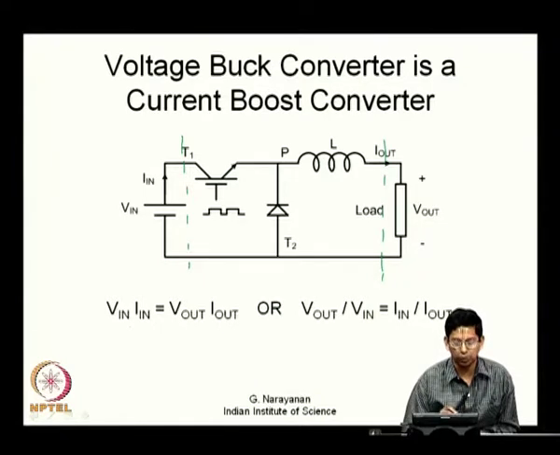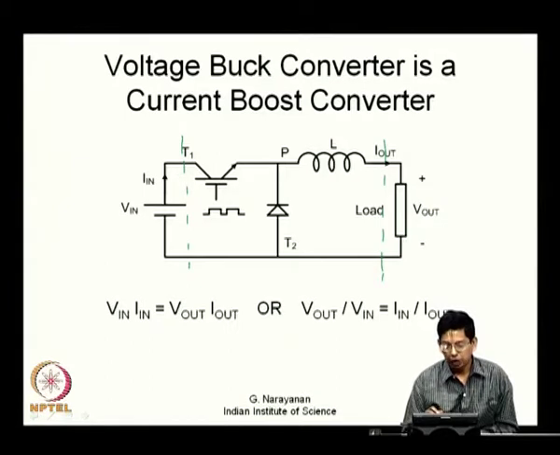The input power is equal to the output power. If you rewrite this, V out by V in is equal to I in by I out. So, if V out by V in is less than 1, then I in by I out should also be less than 1. So, if the voltage is bucked, then the current gets boosted.